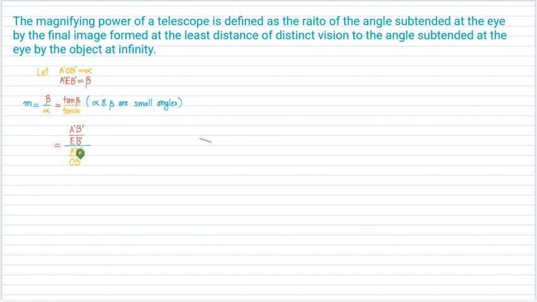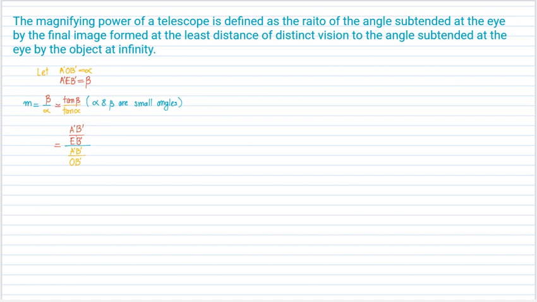Now in this ratio, A dash B dash and A dash B dash get cancelled. O B dash will go to the numerator and E B dash will come to the denominator.